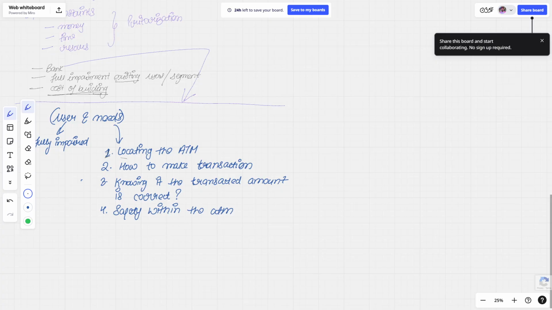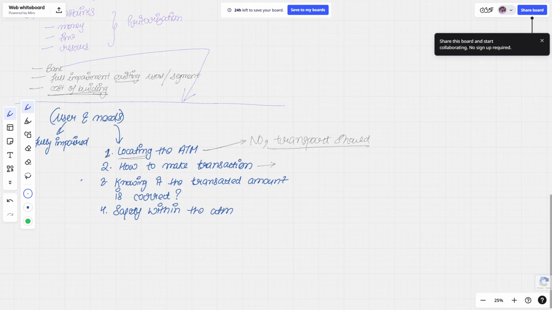So locating the ATM, if you think about it, is this our problem to solve as a bank or not? So I think no. The transport service should be solving this problem, because as a bank I don't think this will be our headache to solve.